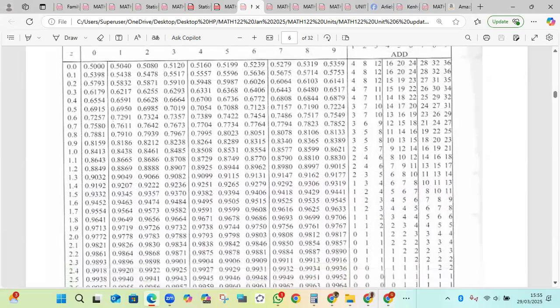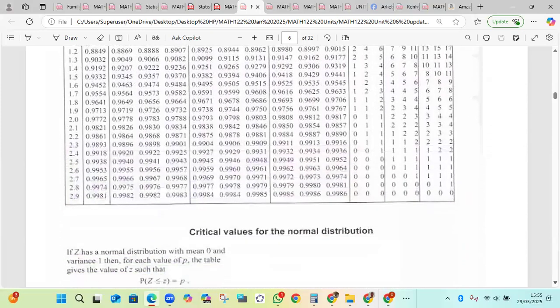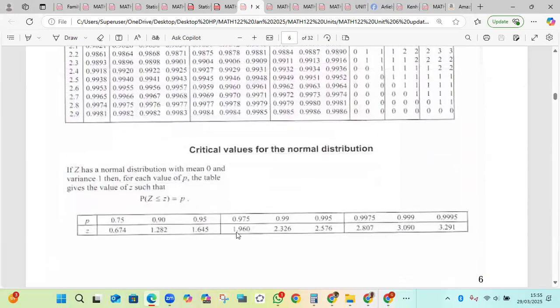There's a little table below that gives some specific values. We can use it also, as it facilitates the very same process of finding z's. If you have these values of p, 0.975, 0.9, 0.99, you can get your z. So 0.975, here it is again, 1.96. In questions that give these exact values of p, you can go here to get the z.